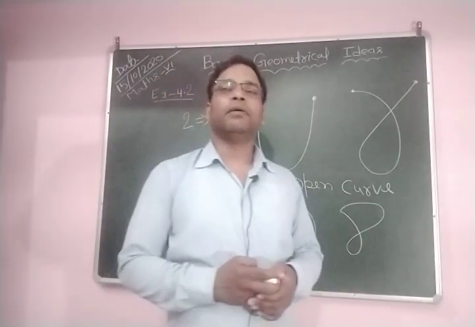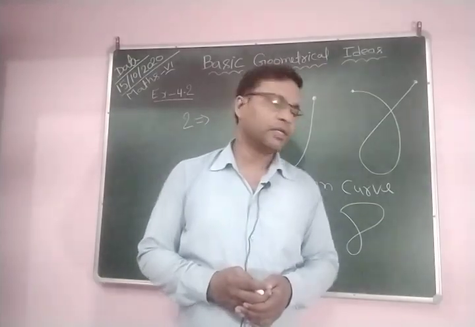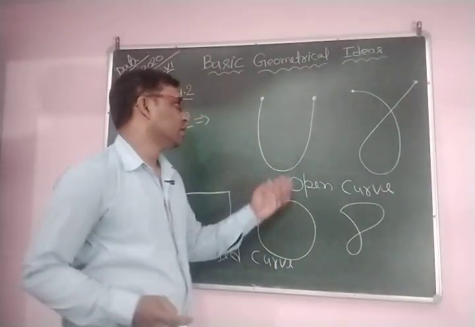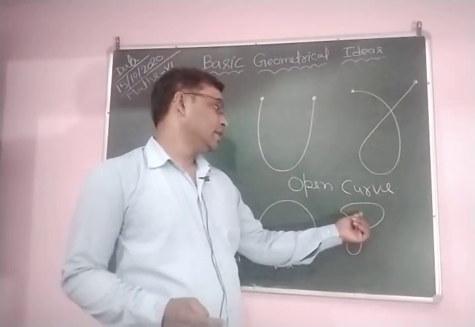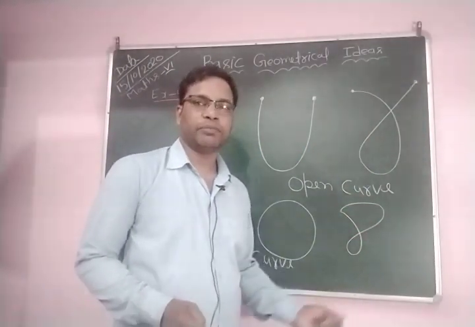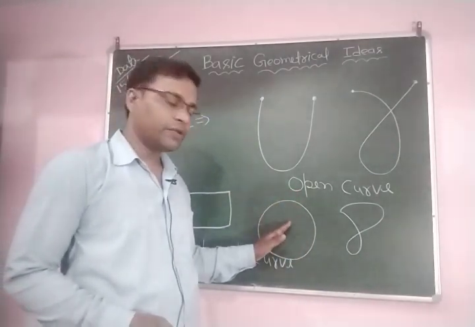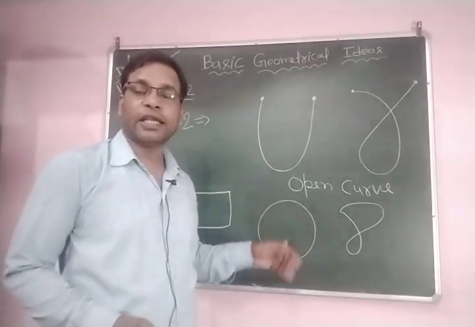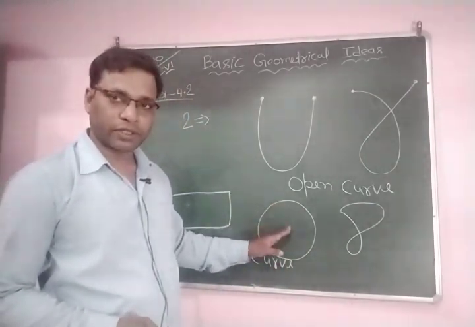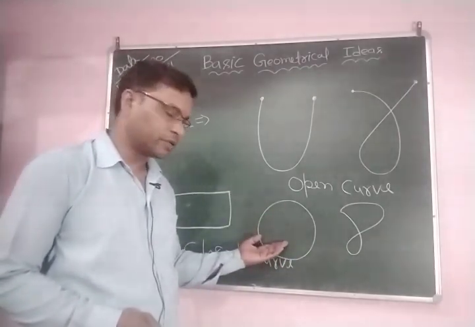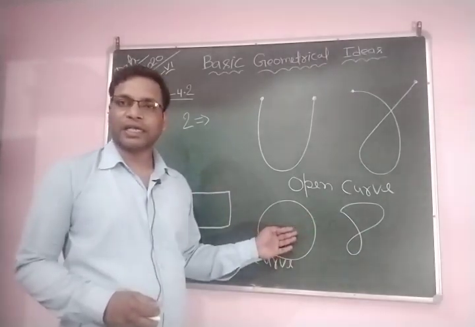What is a polygon? A polygon is a simple closed curve made by line segments. So you can see this is not a polygon. This is a closed curve but not simple, so this is not a polygon. This is a simple closed curve, but it is not made by line segments.